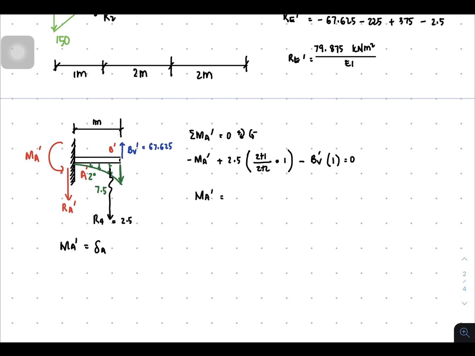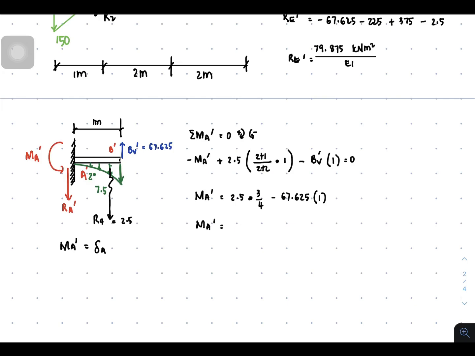Transposing this to the other side, it will become positive. So MA prime equal to 2.5 times 3 over 4 minus 67.625 times 1. MA prime is 2.5 times 3 over 4 minus 67.625 times 1.